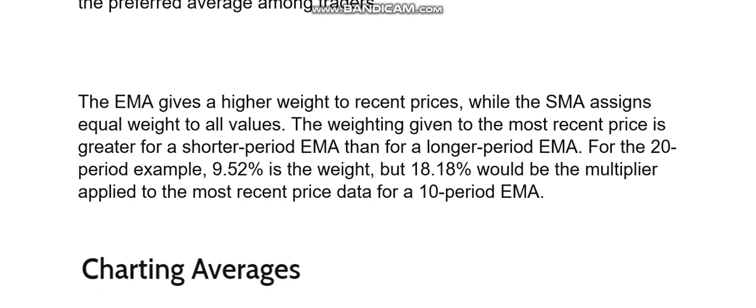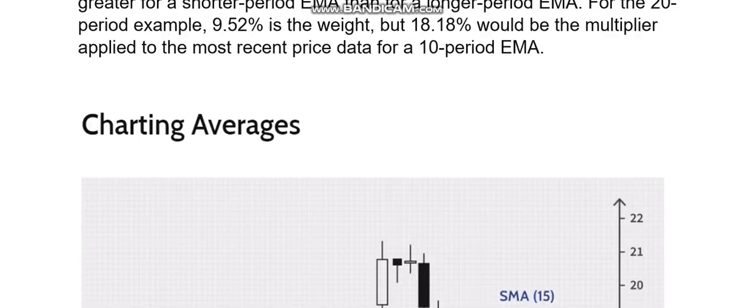The weighting given to the most recent price is greater for a shorter period EMA than for a longer period EMA. For the 20 period example, 9.52% is the weight, but 18.18% would be the multiplier applied to the most recent price data for a 10 period EMA.